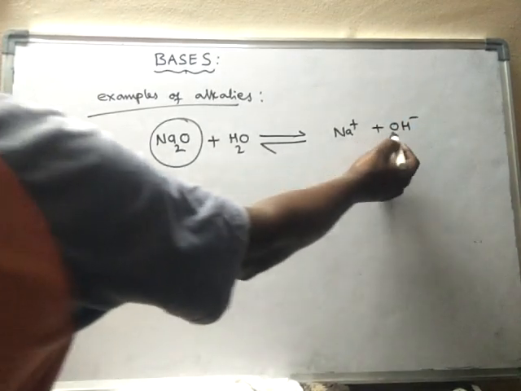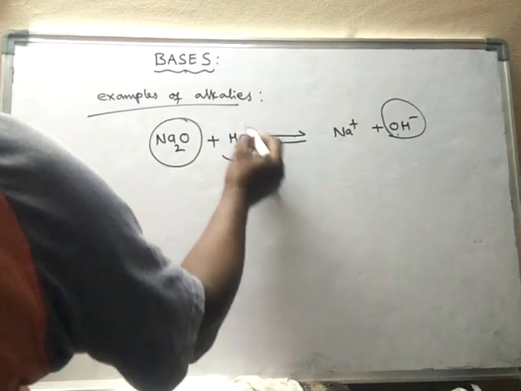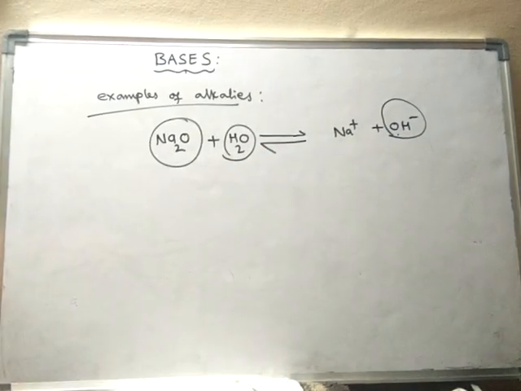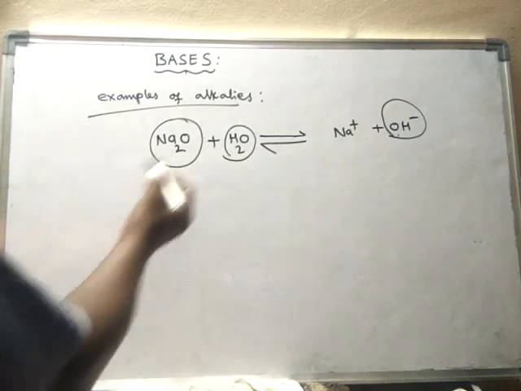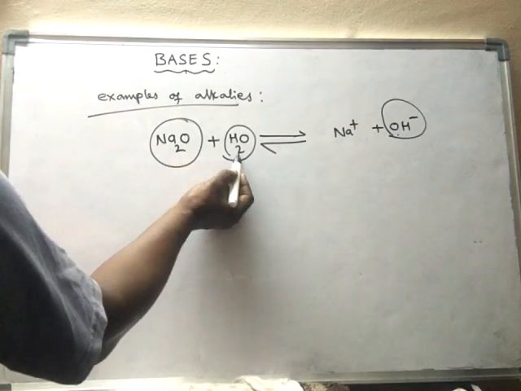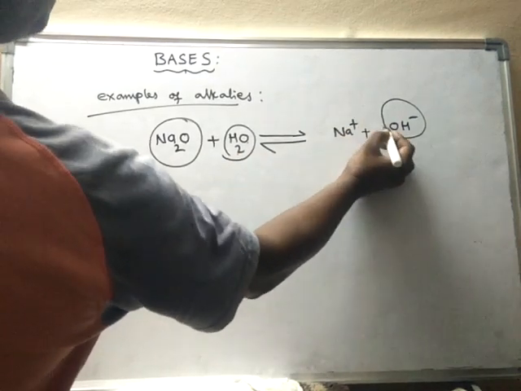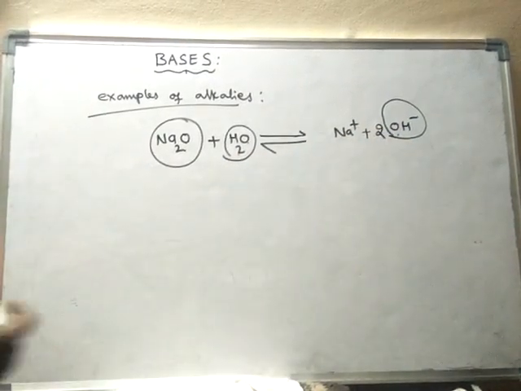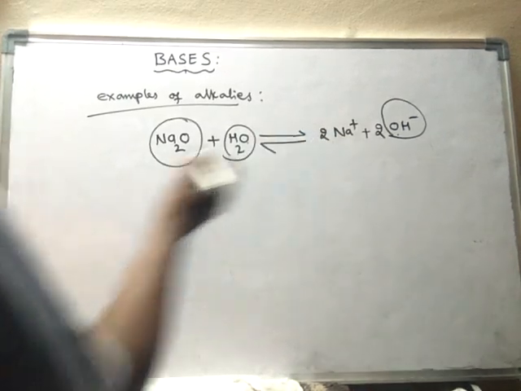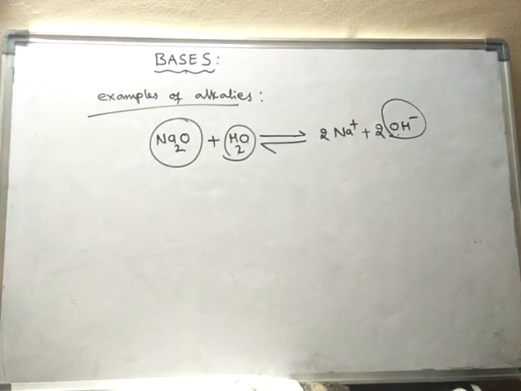This OH minus ion is obtained from water: this oxygen and two hydrogens. Altogether it forms two OH minus ions and two Na plus ions.